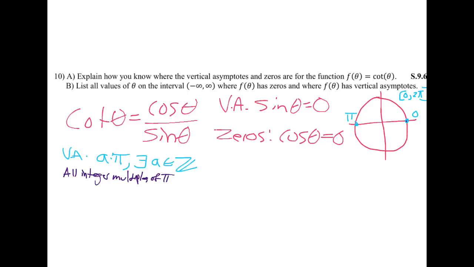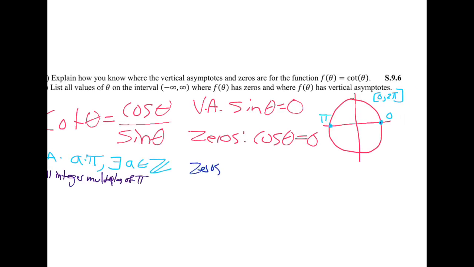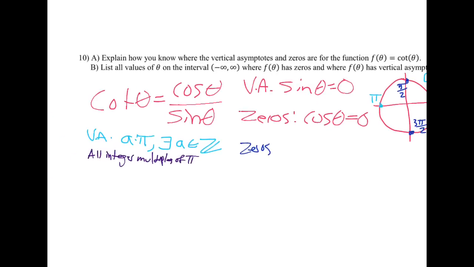Well, what about zeros? Zeros occur when cosine is 0. So when is cosine 0? Well, cosine is 0 when it's straight up and down, so at pi over 2 and 3 pi over 2. So when will we have multiples now?